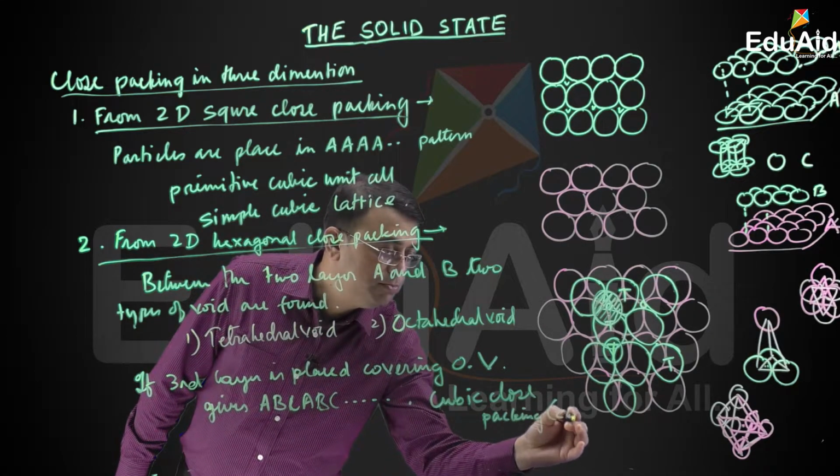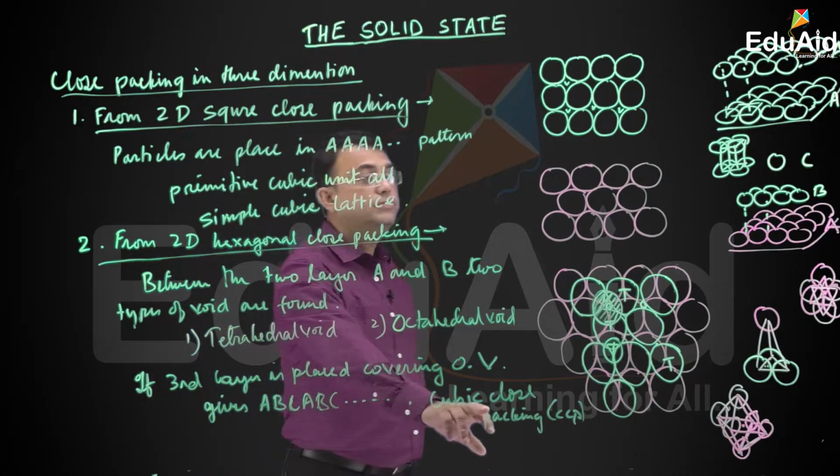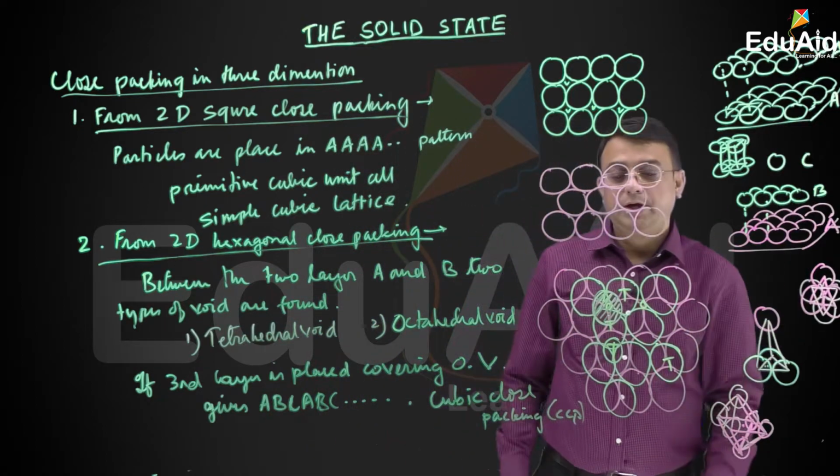This is called CCP, cubic close packing in 3 dimensions, if the third layer is placed at the octahedral void.